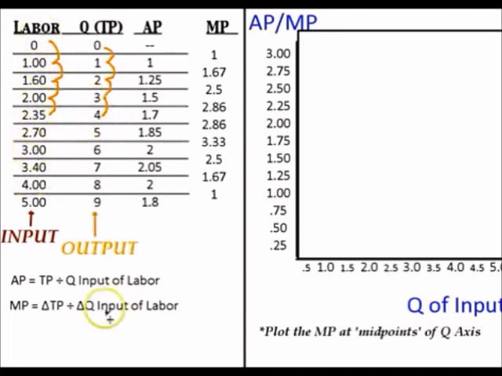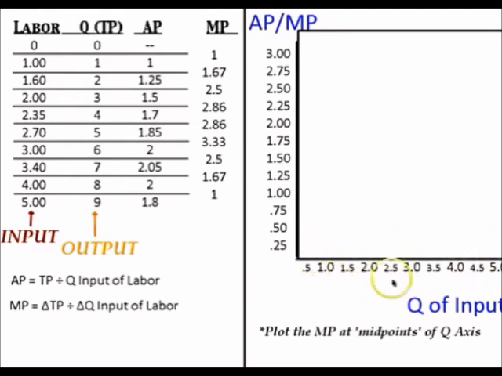All right, so the next thing we want to do is take this information and graph it. Everything in here is graphed. So there's a little trick to this. Notice on the graph, the bottom axis is the quantity of input. So this labor column in our schedule goes down here on the bottom axis of our graph.